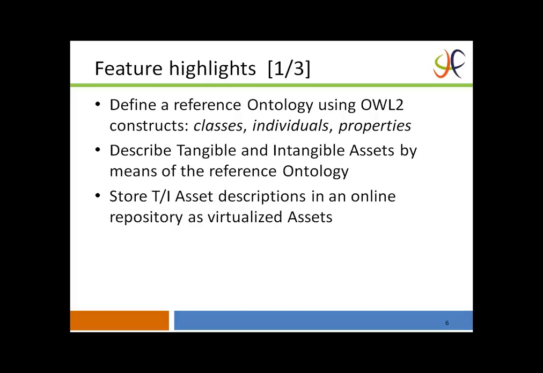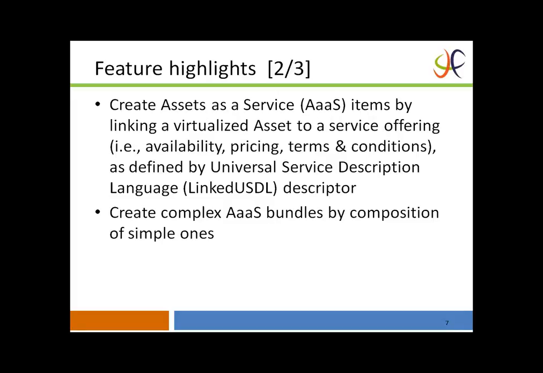And so with your reference ontology, you will describe your tangible and intangible assets, and you will store this description in an online repository, which is shared, of course, and as we will see, can also be accessed from the outside by means of an API.